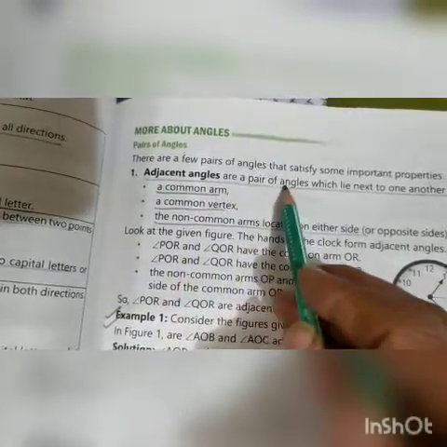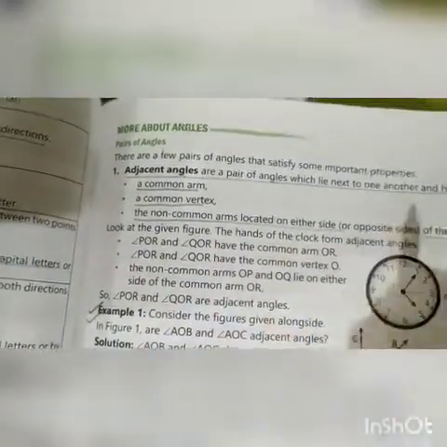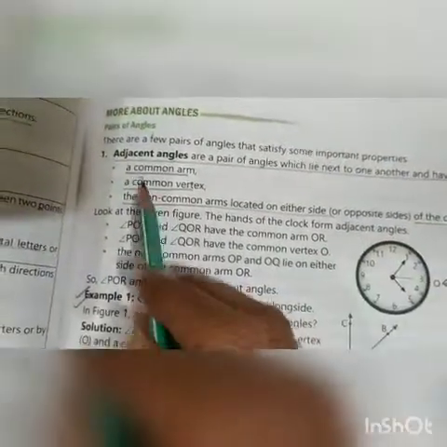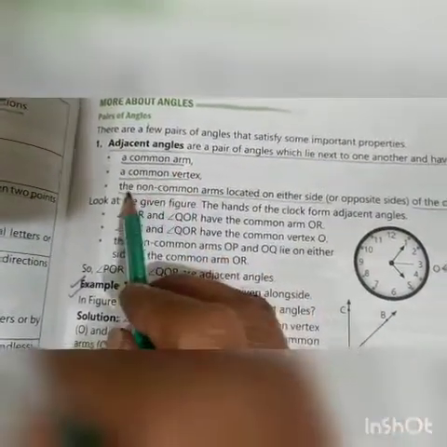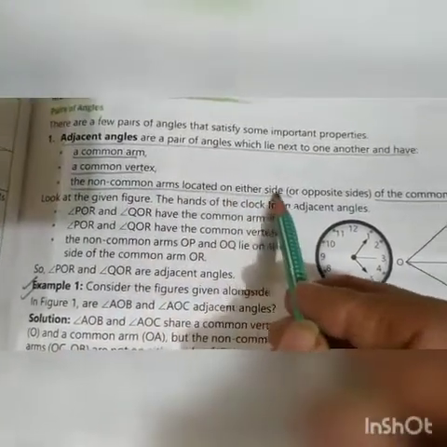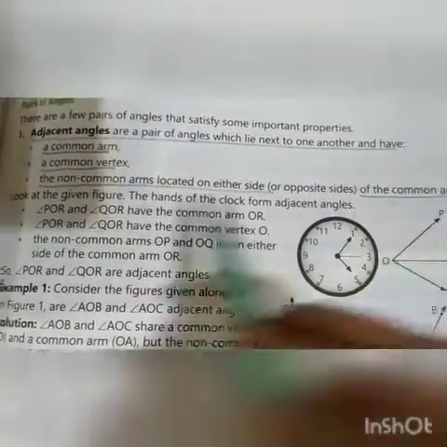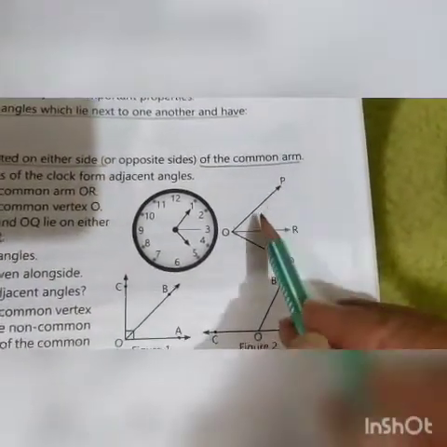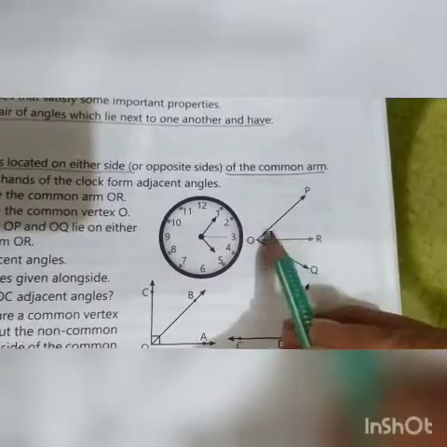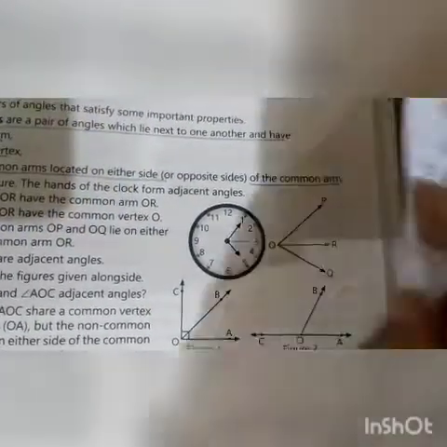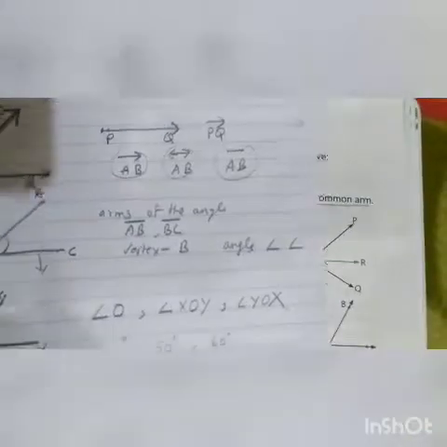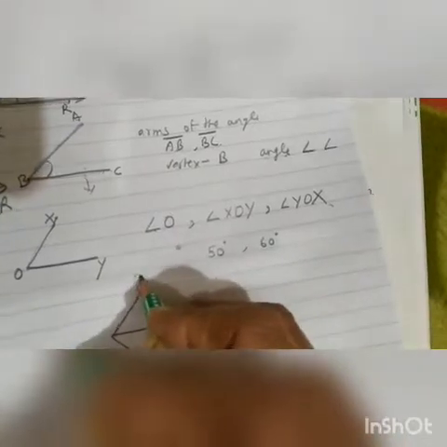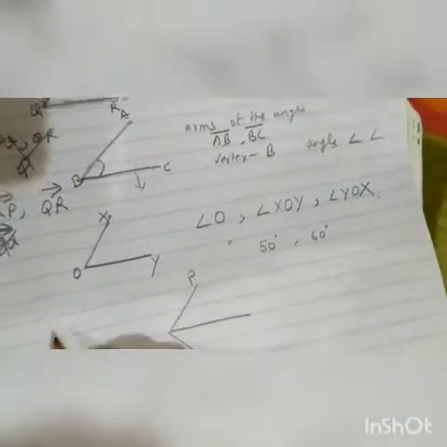Adjacent angles are a pair of angles which lie next to one another and have a common arm, a common vertex, and the non-common arms located on either side or opposite side of the common arm. See here, I am drawing again.